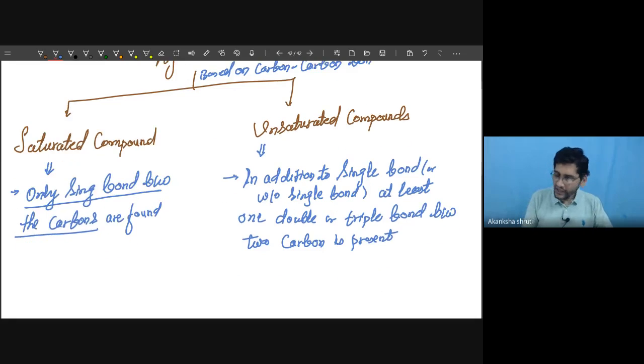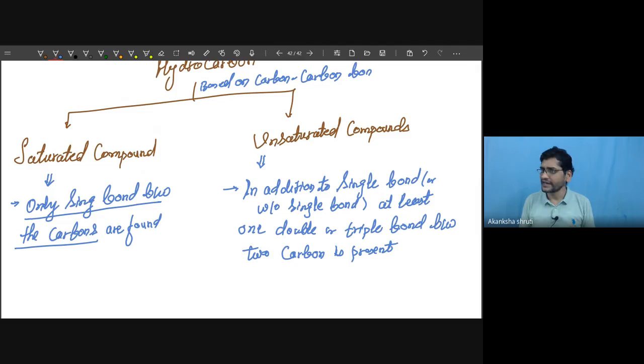Students, for this you have to understand carefully, you have to draw the structure, you have to satisfy the tetravalency, whether a double bond is required or not. By that way you can do, but after some practice you will get the idea. Even by looking at the molecular formula we can identify whether it can contain a double bond or triple bond or not. Okay, so these things we need to understand.